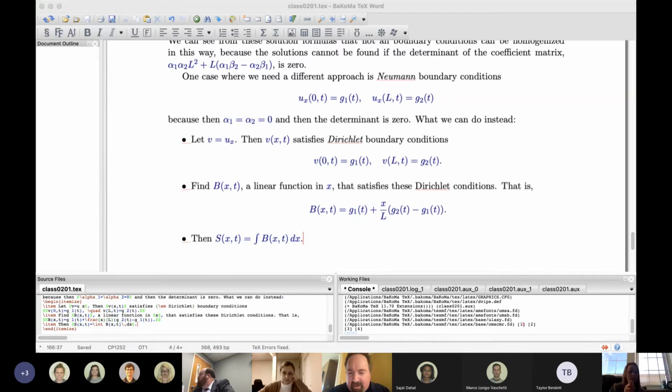Oh, okay. This is one of the variations of a heat equation, the lateral heat loss, I think.